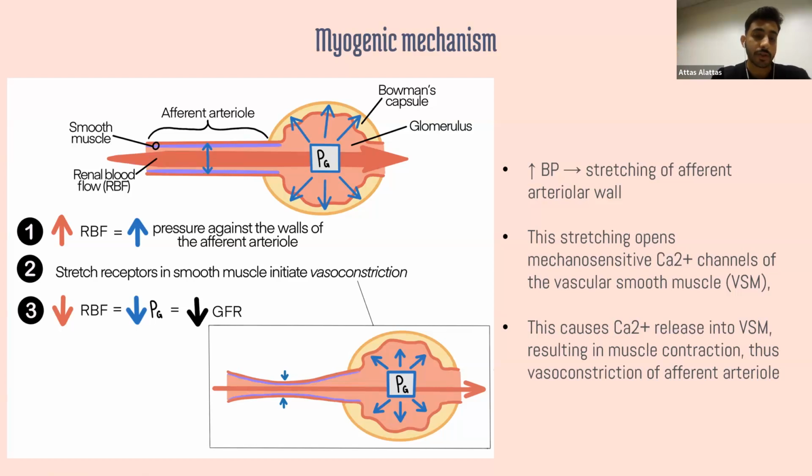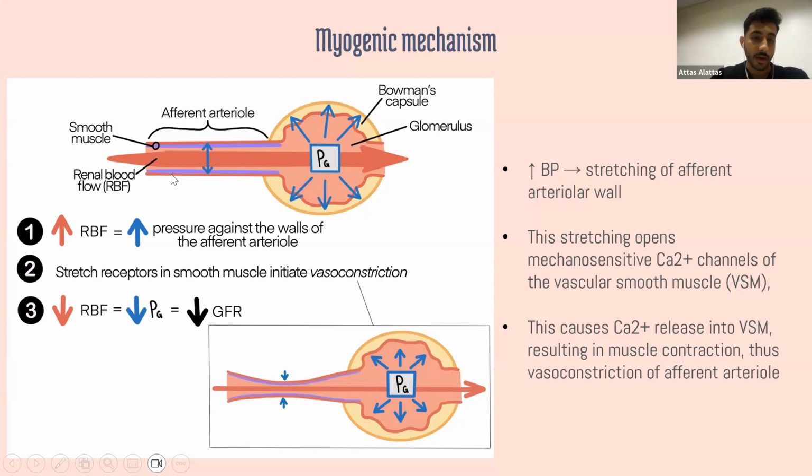So when these mechanosensitive calcium channels sense that the pressure is increased, they release calcium into the smooth muscles, okay? And when calcium is released into the smooth muscles, it will cause vasoconstriction, so less blood will be going into the kidneys. So this as a result will cause decreased renal plasma flow. It will decrease the blood pressure. It will also decrease the GFR.